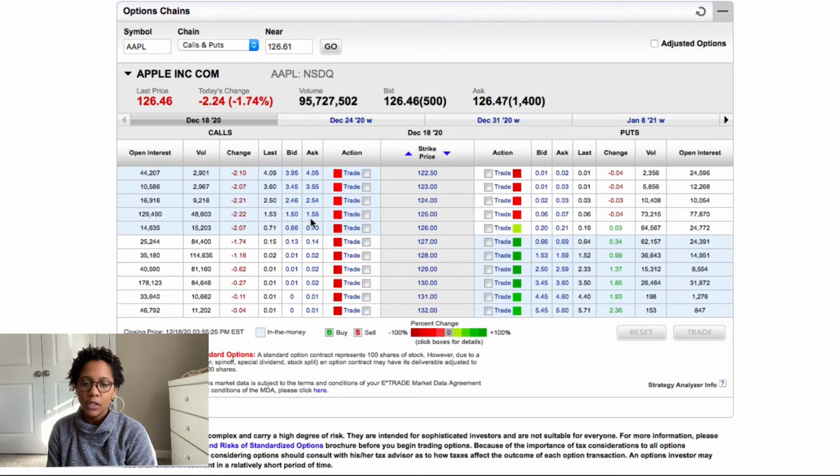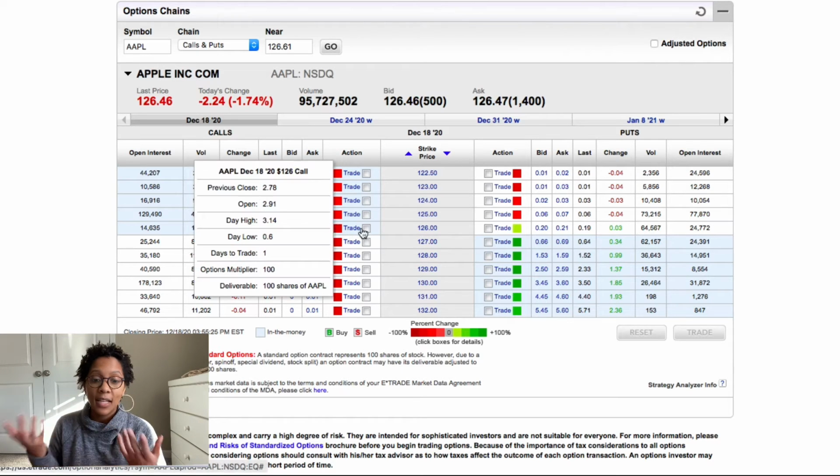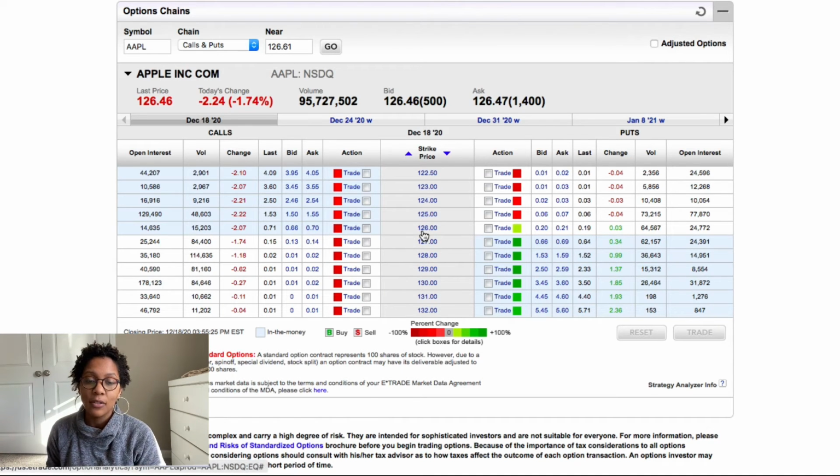Okay, so let's say next week Apple shares go up to $136. Well, you bought this option that allows you to buy it at $126. So if you wanted to own those shares, that's a great deal because you paid $70 to be able to buy those shares for $10 less. Now, at Sugar Mama Investing, I don't exercise any of the options.